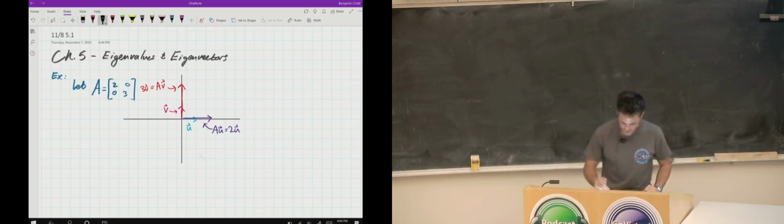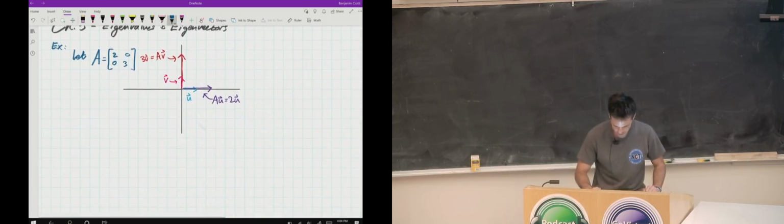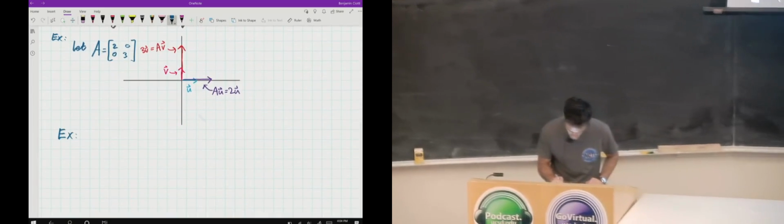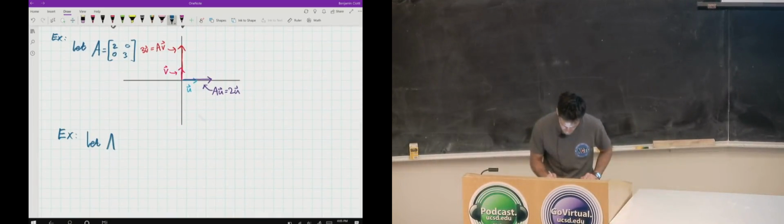But what if a matrix was a bit more complicated? So as a second example, now consider a different matrix, [5, -1; -1, 5].